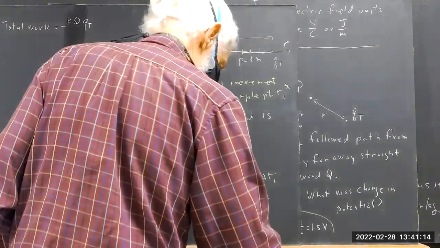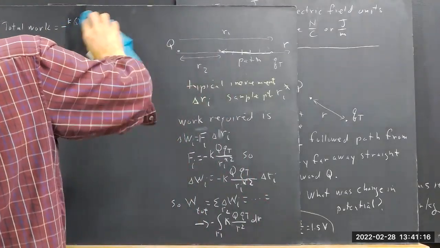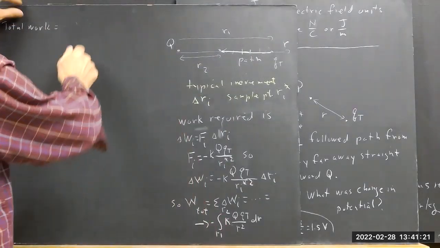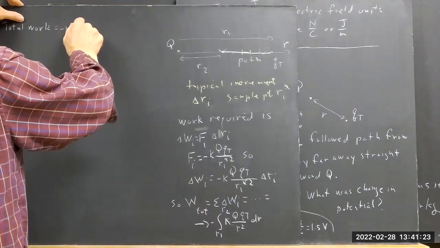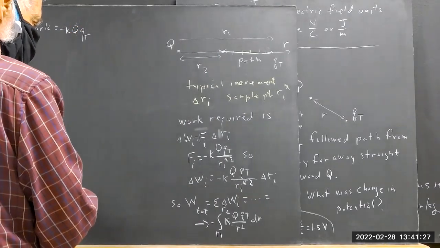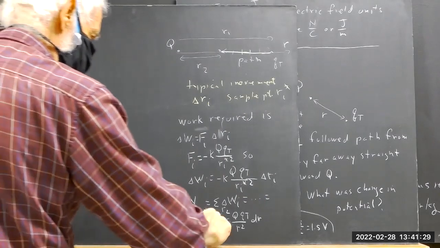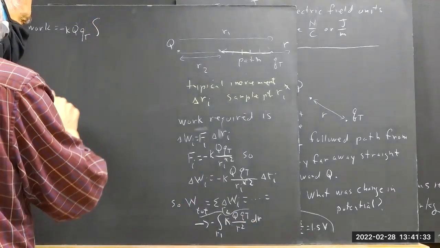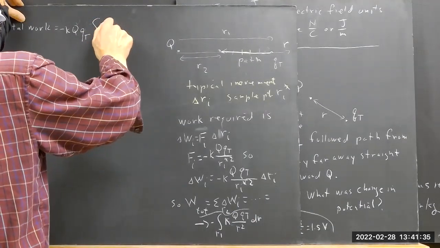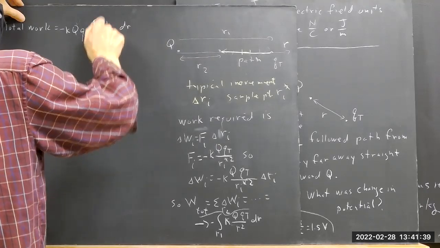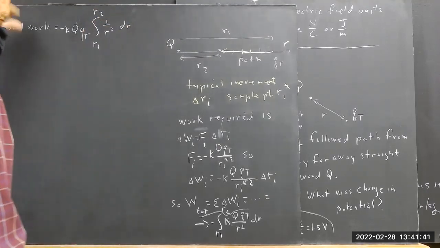I'm writing that about, okay, negative K big Q QT. And what's that leave? Leaves the integral of 1 over R squared dr from R1 to R2.